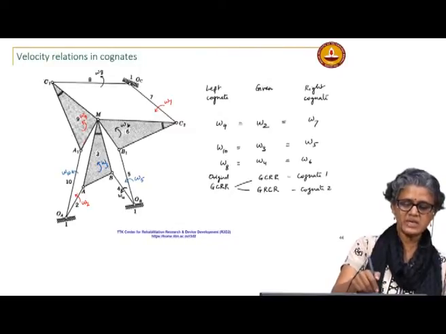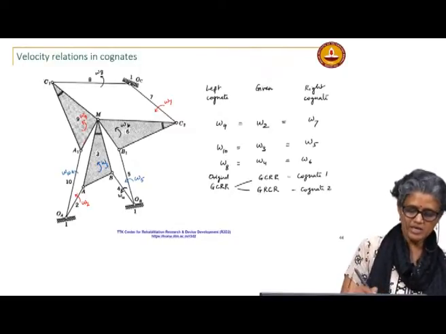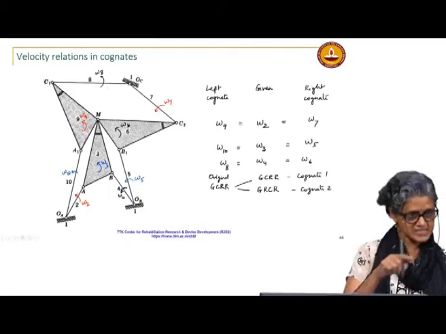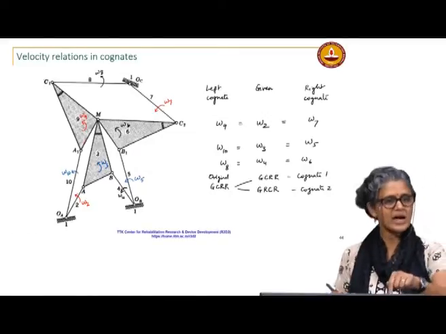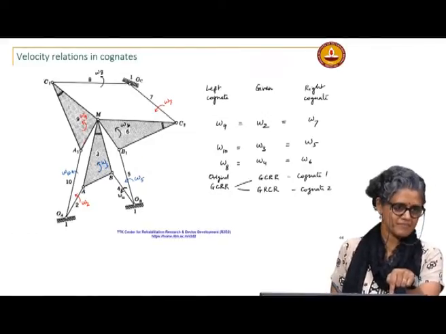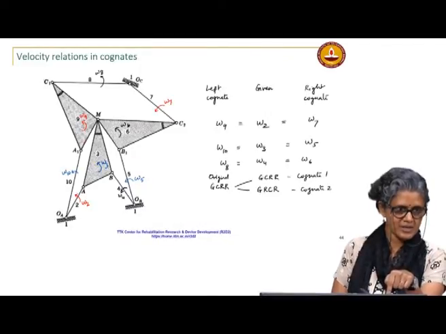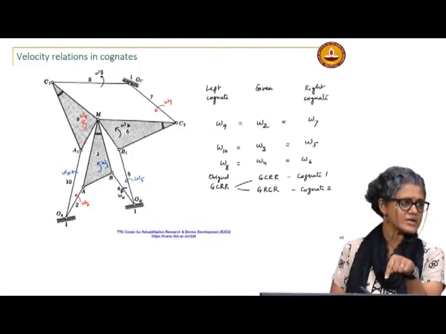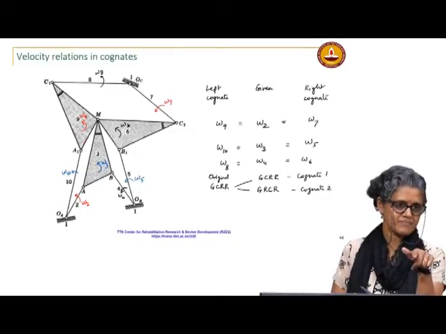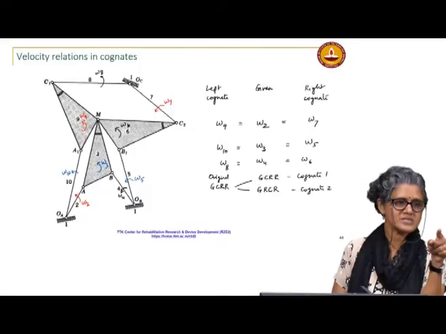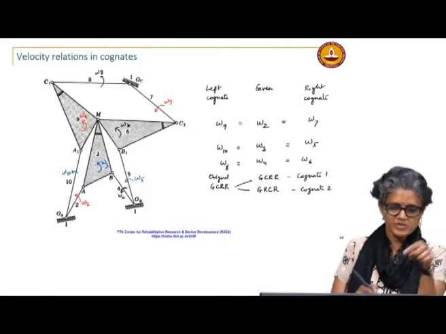So, if you want the coupler point to trace the coupler curve at the same speed, you would have to give the input to 9 the same omega 2. If you give omega 2 here, then in that cognate you would have to give omega 9, because these two are equal.